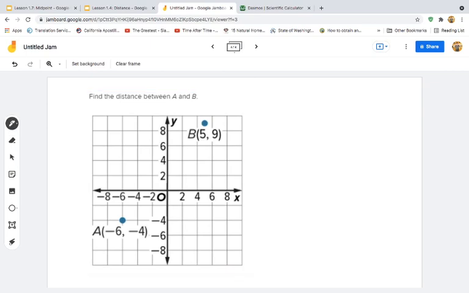This time we're just going to use the Pythagorean theorem, which is a squared plus b squared equals c squared. We know that we want to find the distance, or the length, between these 2 points. So we're going to draw a line from A up to B like that. We want to find the length of that line.